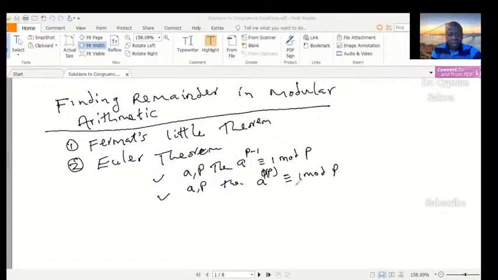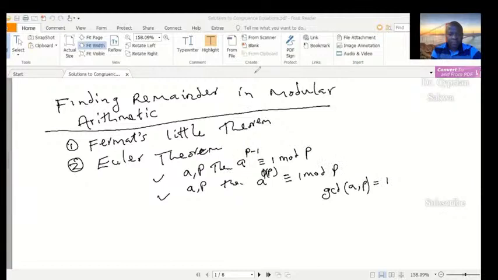So again, there's a condition that p and a must be relatively prime. In other words, the GCD must be 1. That is the time you can use Euler's theorem. And I've already stated the condition for using Fermat's theorem. If the question goes against these conditions, then these methods cannot be used.